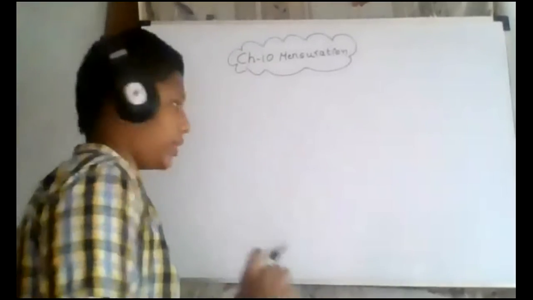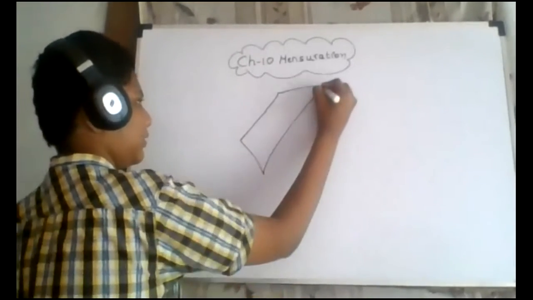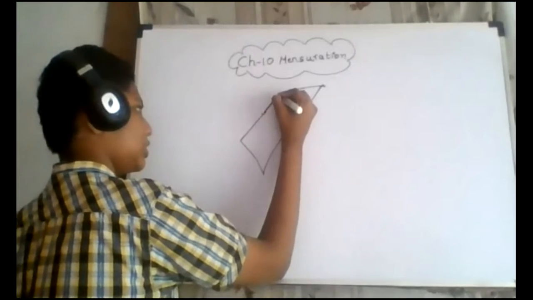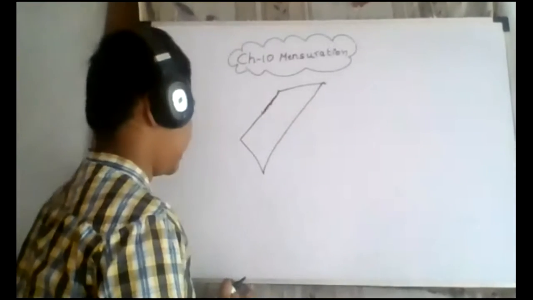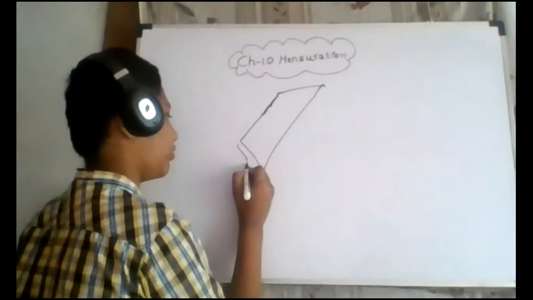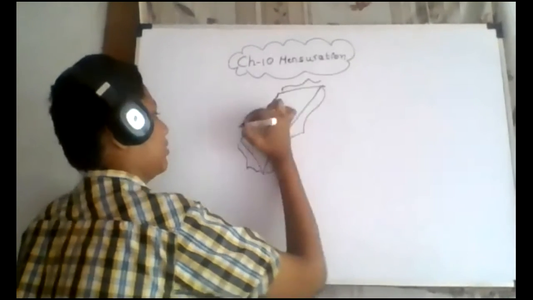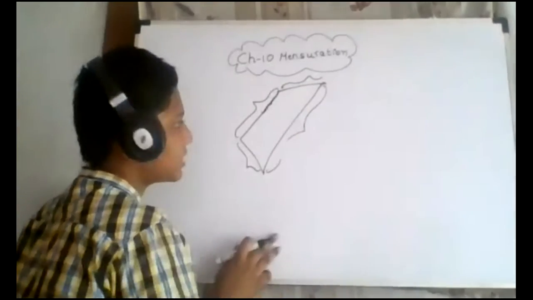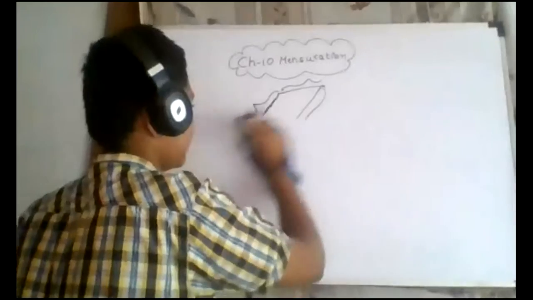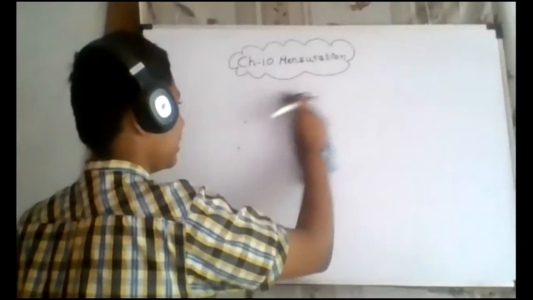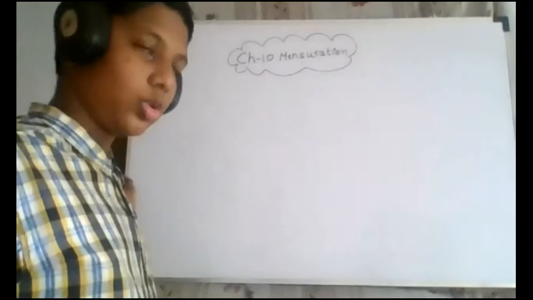So we have a park in the shape of some figure. The measure of the boundaries is called the perimeter. In the perimeter, we have some figures to be learned.